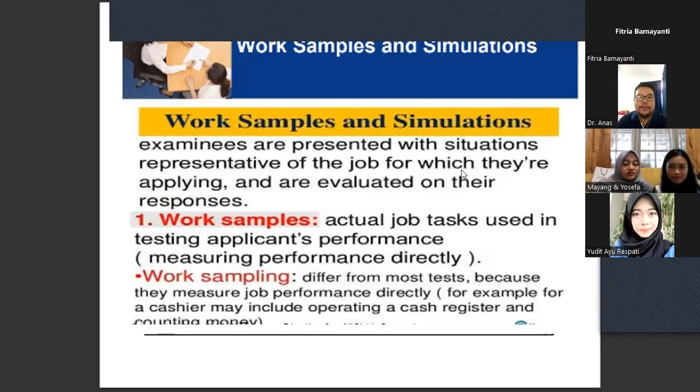So I test Mayang within 1 week or 1 or 2 days, to give a sample of the executive administration work. So this is how the work sample is done. Okay, clear? Anything? Okay. So the next slide.